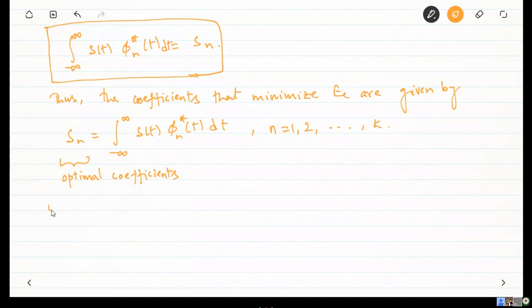Right. So what is that minimum energy of the error signal?